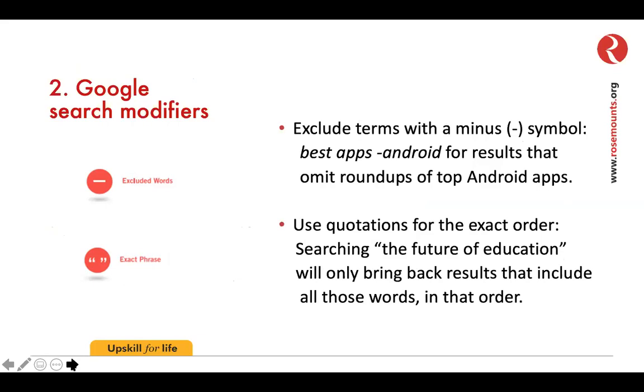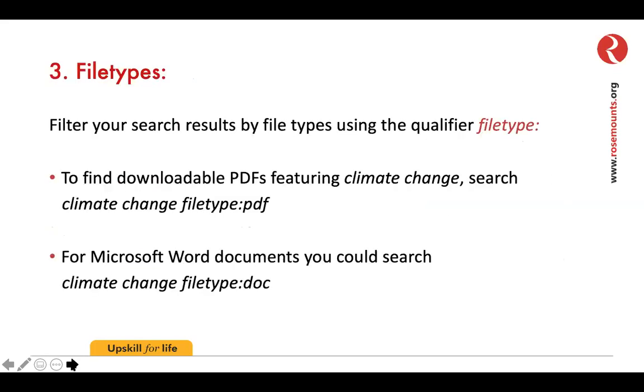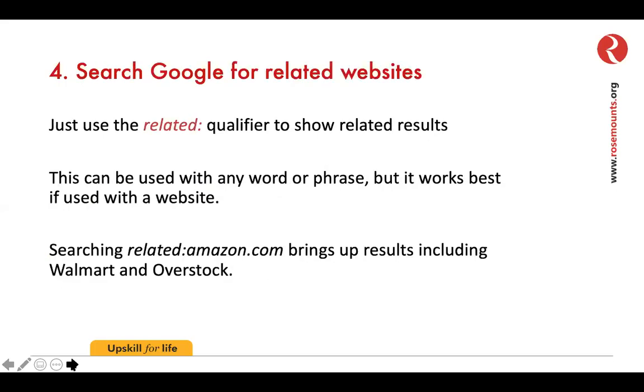So you can look for exact words. This again is a wonderful tool for searching for specific file types, whether it's a video file, an audio file, a PDF, a doc file or a PowerPoint presentation. Again, for looking for similar kinds of websites, this is a fantastic tool you can use.